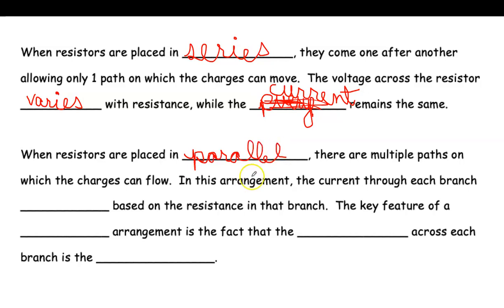the charges can move around. When they're in parallel, the current through each branch varies based on the resistance in that branch. The more resistance, the less current, because the harder it is to get through. But the key feature, the defining feature of a parallel arrangement, is that the voltage across each branch is the same.